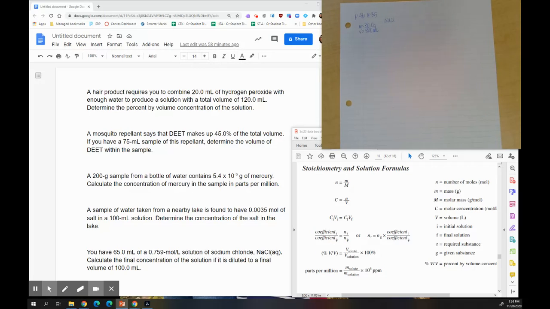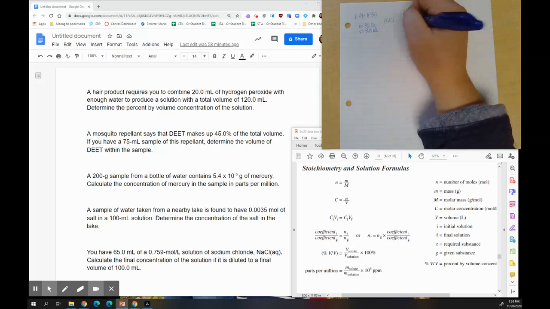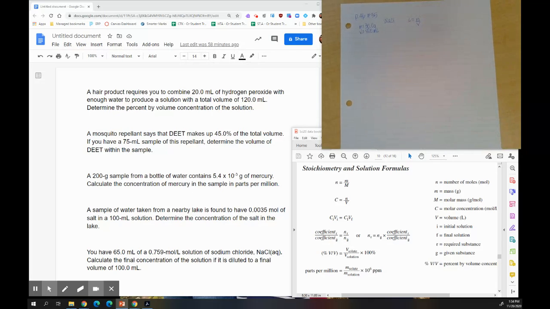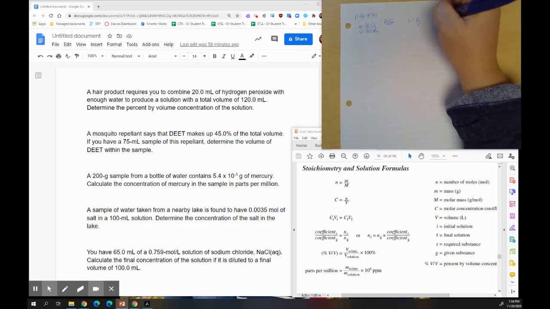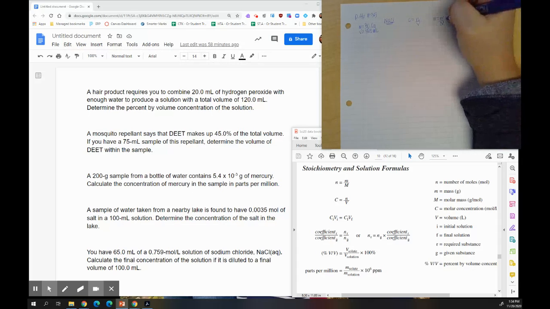If you're asked to solve for concentration but haven't been given the number of moles, remember that you can use the mass as well as the molar mass of our solute to figure out the number of moles. You might remember this formula: number of moles equals mass over molar mass. Remember, mass is in grams, molar mass is in grams per mole.